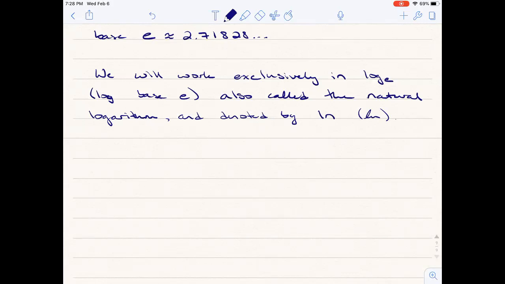Just like with exponents, we're going to develop some log laws. We're going to talk only in log base e, but of course all these rules apply to any base.